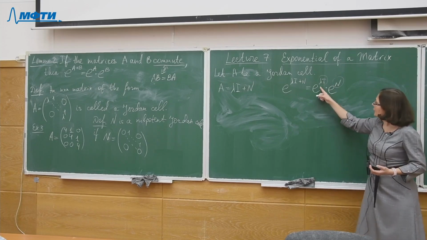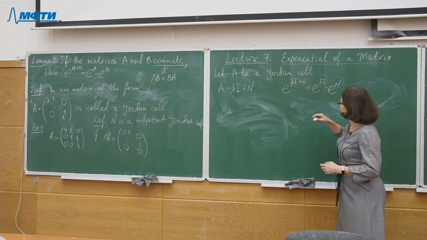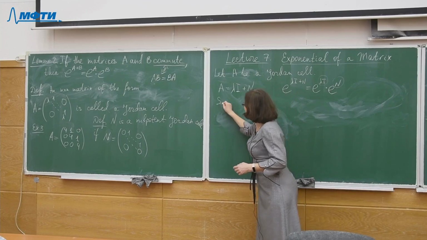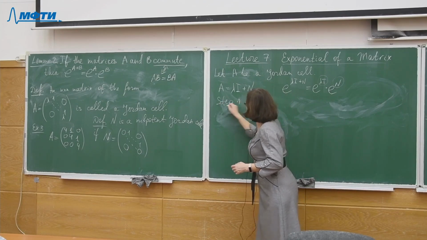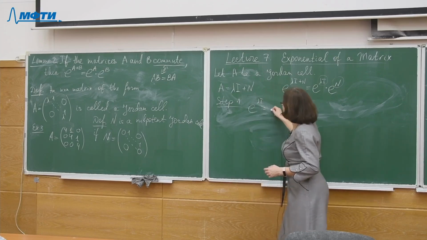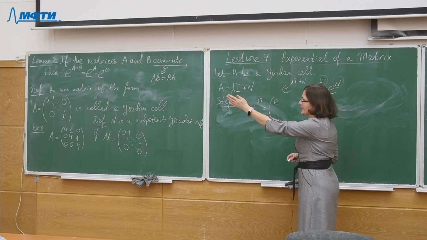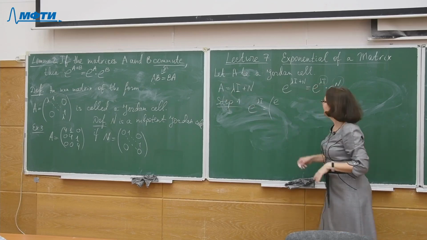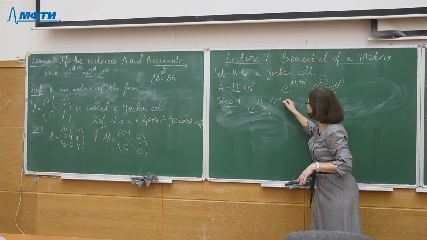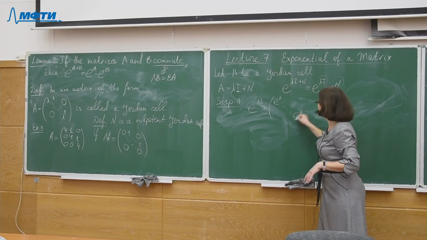Okay, e to the power lambda I. Step number 1. Let's find e to the power lambda I. By example number 1, it is equal to e to the power lambda times the identity matrix.